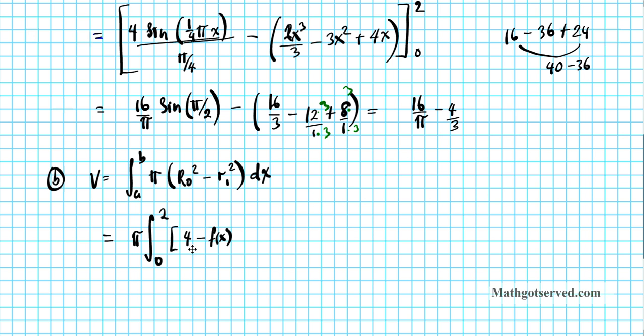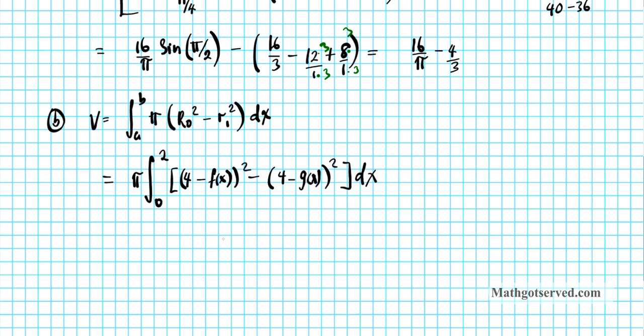Okay, so this will give us the outer radius, but we have to square it. So the outer radius squared minus 4 again, minus the inner function, which is g of x relative to y equals 4. That one's squared. Okay, dx. Remember, we're just to set it up. Okay, so this is a setup using the function.